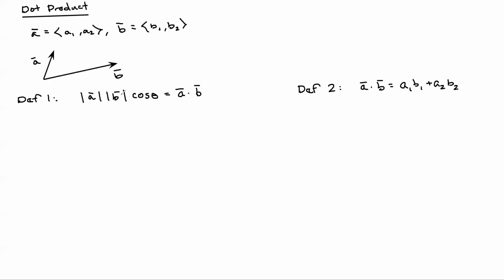What's going on here is that if we took vector A and dropped down a perpendicular line onto B, and calculated what this piece would be, assuming that the angle here is theta, using trigonometry, you're going to get that this piece is the length of A times cosine theta.